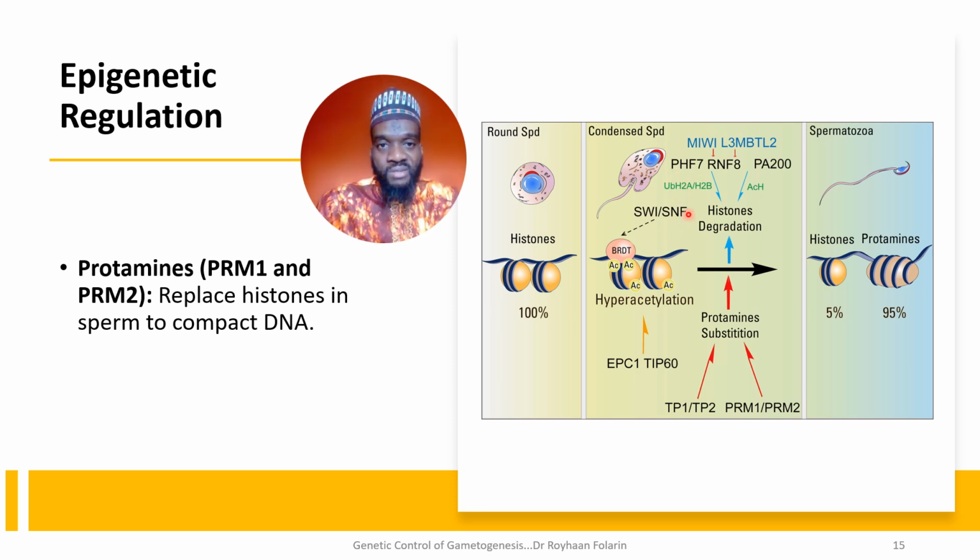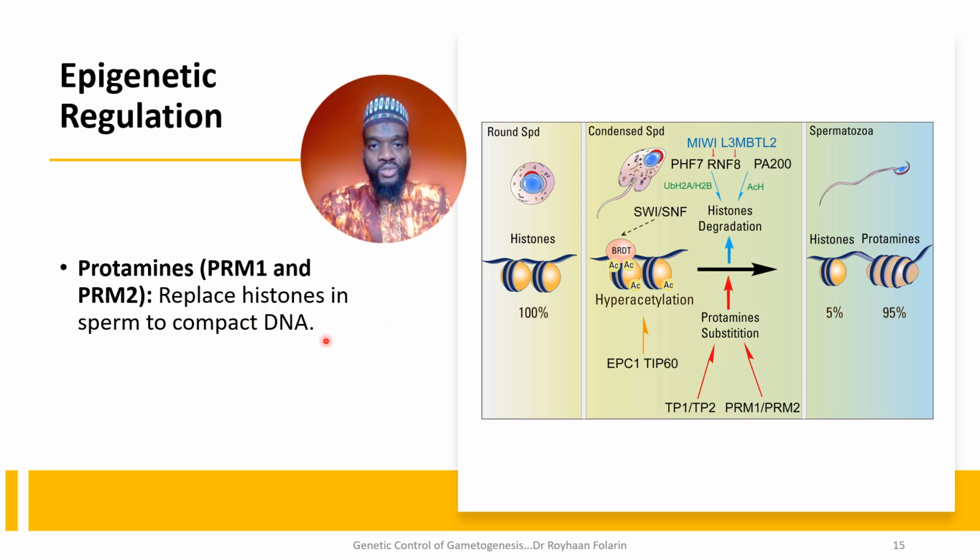So at the end of the day, you find the degradation happening, and then the evicted acetylated histone will be recognized by PA200, and the process continues down there, until you have a spermatozoa that has just 5% histone and 95% protamines.